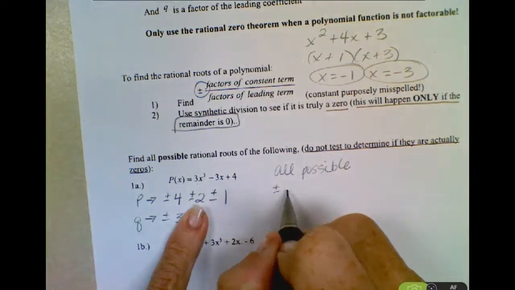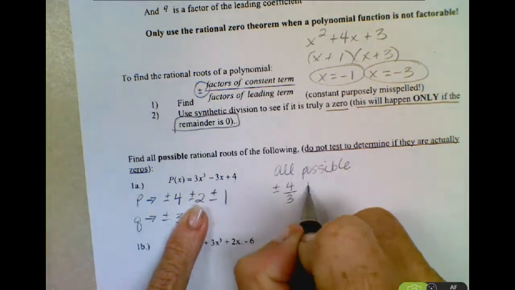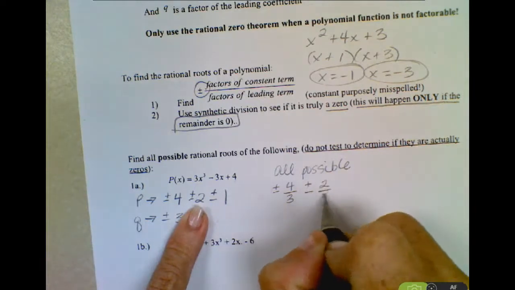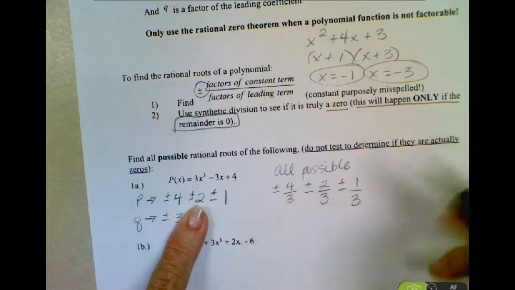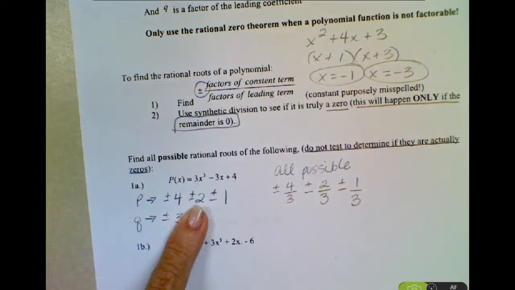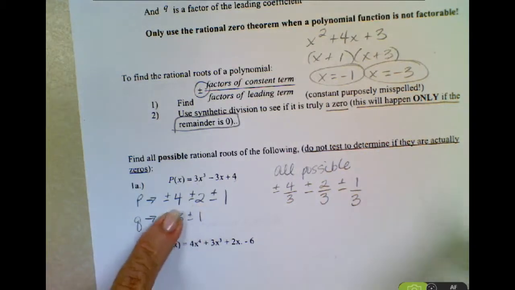So first I would have plus or minus 4/3, plus or minus 2/3, and plus or minus 1/3. Sometimes all of your possible roots are going to repeat. You'll see that in later practice. Then you do it again with your other denominator.